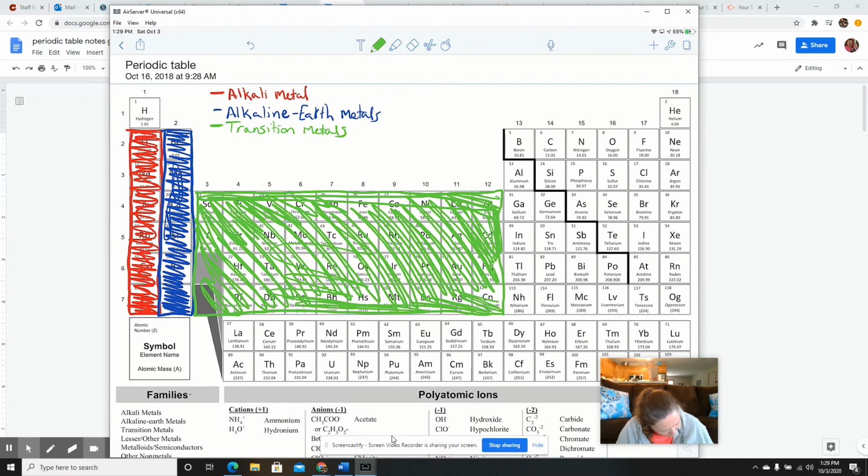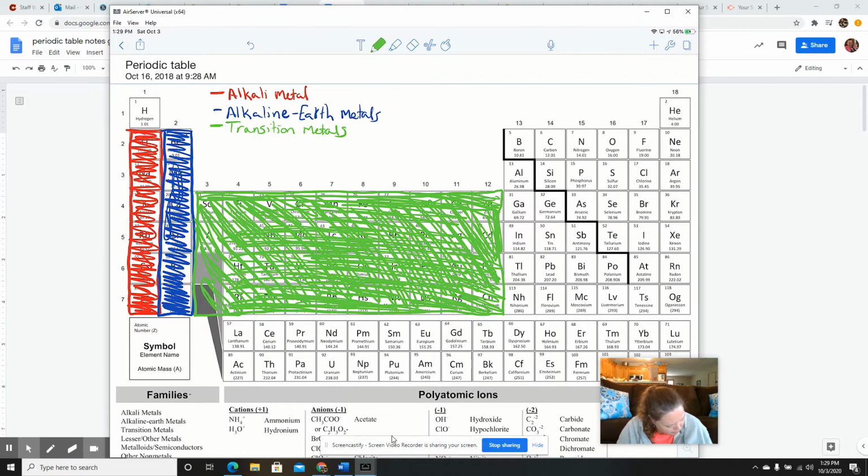And since they have a more specific name yet, I'm going to wait and give them those names rather than color them green with transition metals, because I can give them a more specific name. But you could technically call them a transition metal. It would not be wrong to say that these bottom 2 pull-out rows are a transition metal.